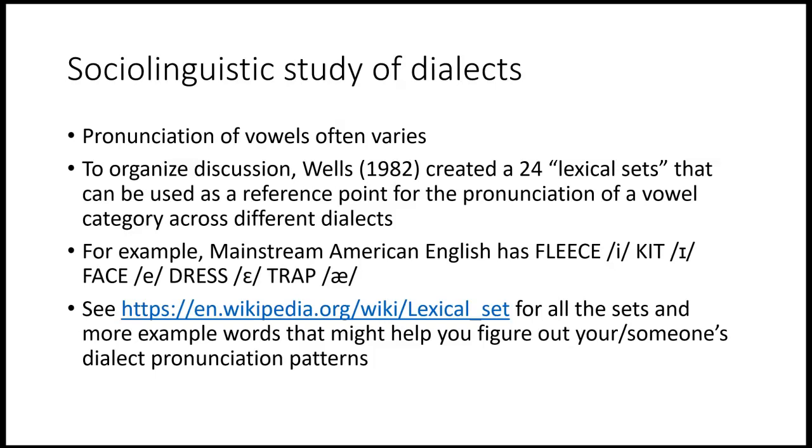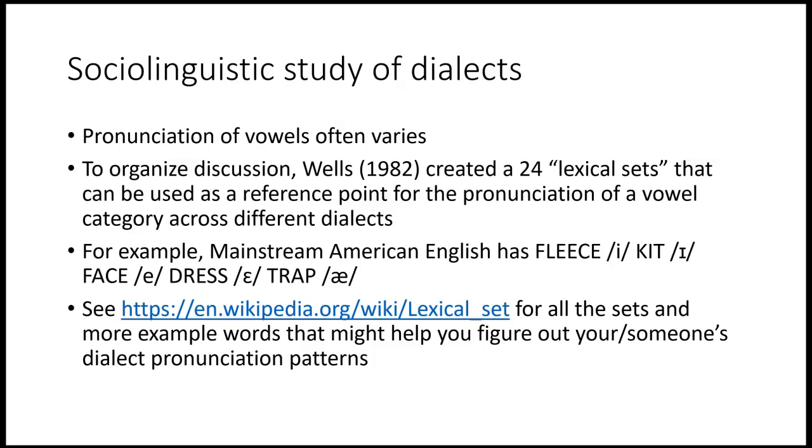So one attempt to give us a kind of way to talk about the differences different dialects might have between one another in their vowels was on the basis of words that commonly use those vowels. So Wells created a kind of list of 24 different groups of words that were called lexical sets that can be used as a reference point for the pronunciation of a vowel in different dialects.